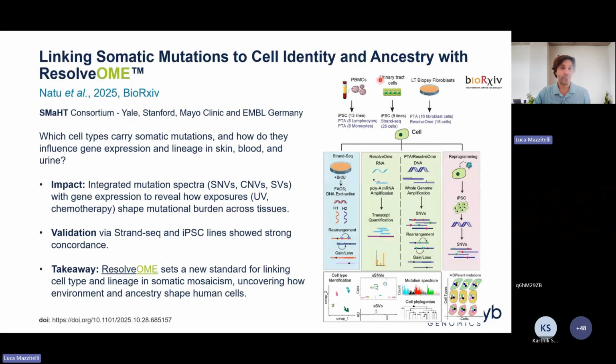A recent preprint from the SMaHT consortium, where they were linking somatic mutation to cell identity and also their evolution, so their ancestors, with ResolveDNA. In this study, the SMaHT consortium used ResolveDNA to connect somatic mutation with cell identity and ancestry across three types of cells: skin, blood, and urine.